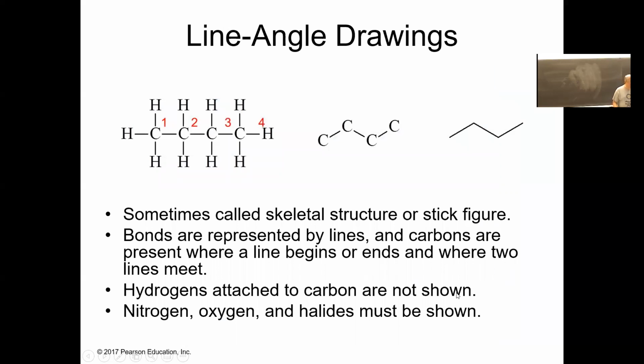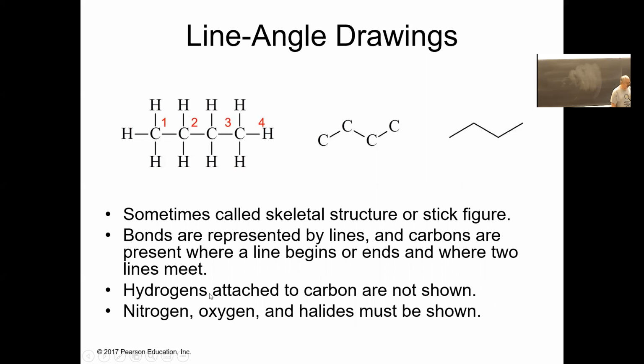Right, we can simplify even further using something called line angle drawings. What we do here is we write out the formula, and bonds are represented by lines. Carbons are present where the line begins and ends, and where two lines meet.